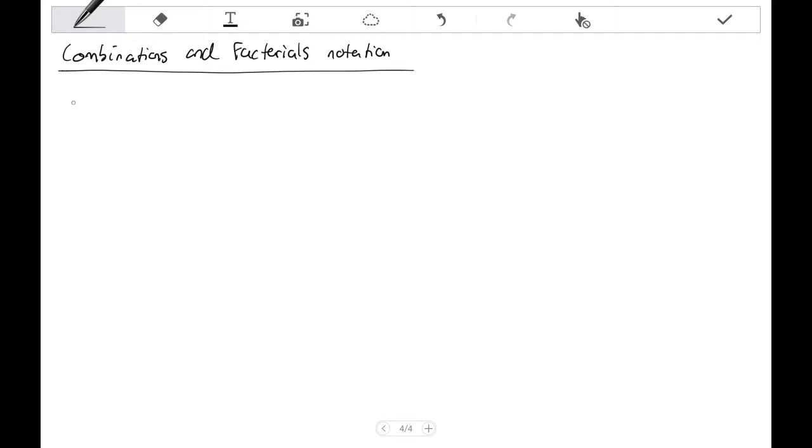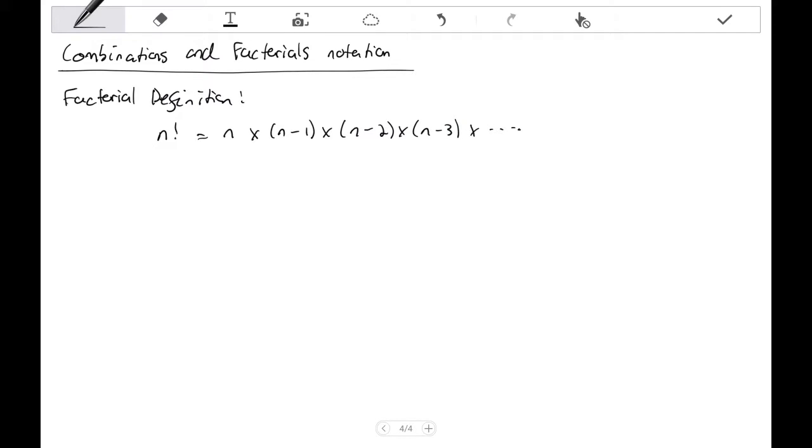Firstly, let's define what a factorial is. A factorial is defined as n factorial, so some number, equal to n times n minus 1 times n minus 2 times n minus 3 times ... 3 times 2 times 1.